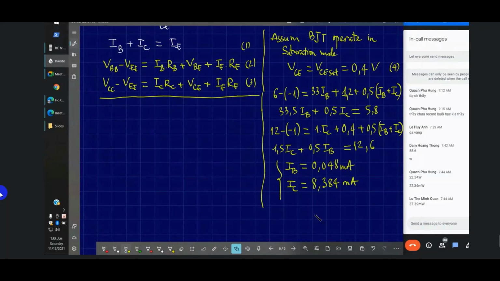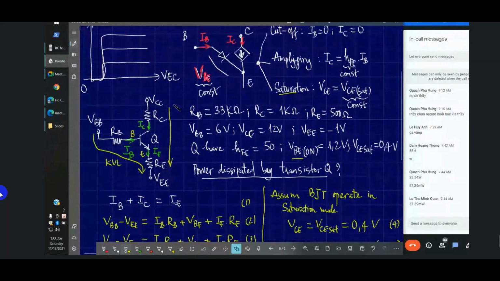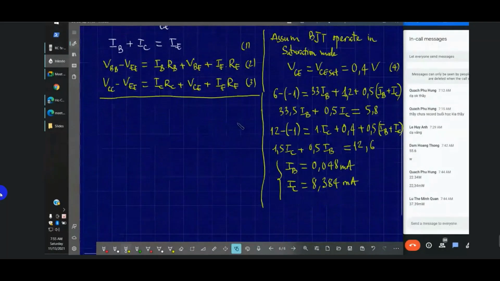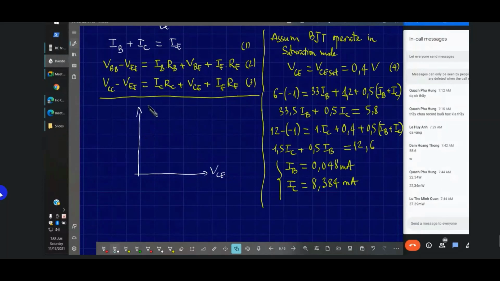Remember we made the assumption that the transistor operates in saturation mode. I might redraw it right here for you to check, if you don't remember: VCE, IE, so this is our operation, just the line like this.